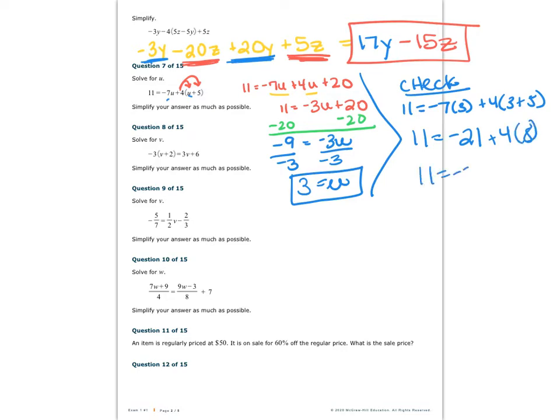So 11 is equal to negative 21 plus 32. You would subtract these, so 32 minus 21 is 11. So it worked out. Okay, so if you have the time within your time limit, I would definitely check it to make sure you are on the right track.